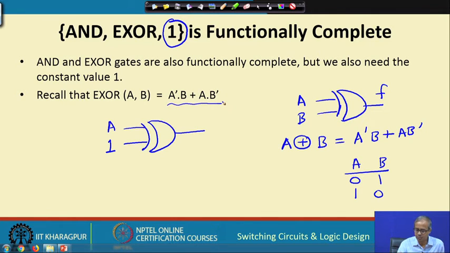Just follow this rule: A bar B, B is here 1, or A B bar, B bar will be 0, bar of 1. So, the second term will become 0, only the first term will remain, which is A bar, which means an exclusive OR gate with one of its inputs as 1 is equivalent to a NOT gate.